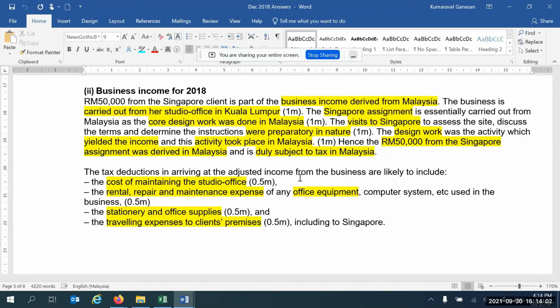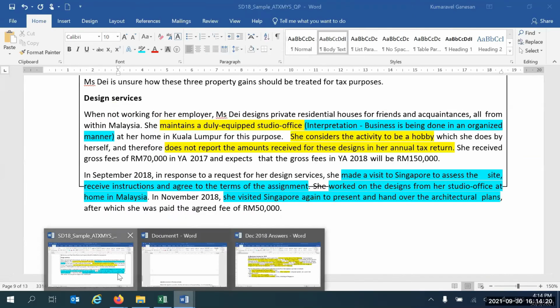Okay, now look at this expenditure. They are all revenue. So be careful, don't go and write office computer system. Look at this, rental, repair. Now, some of y'all may not think so. If you cannot think of expenditure, very simple, what do you do?